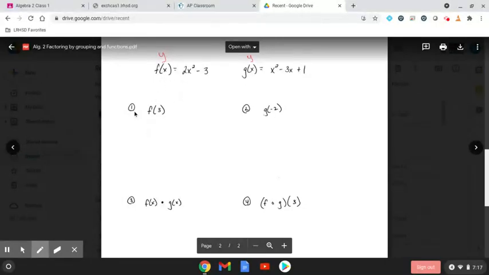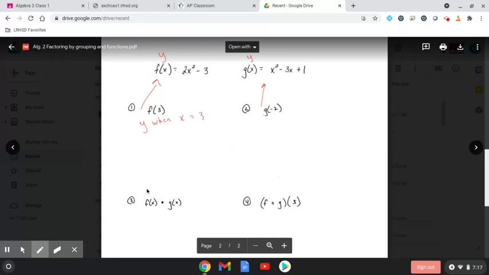So for number 1, when I say f of 3, what this means is find the value of y when x equals 3. And where would you find that value? Well, you would go to this function, that equation. And then the same idea for number 2, but you would use the g equation.